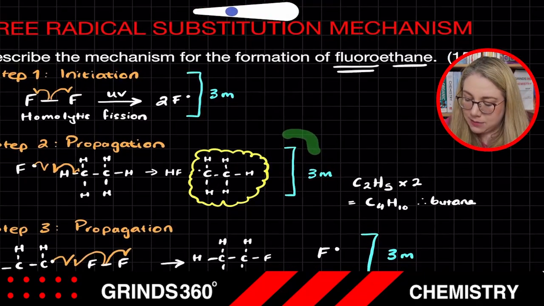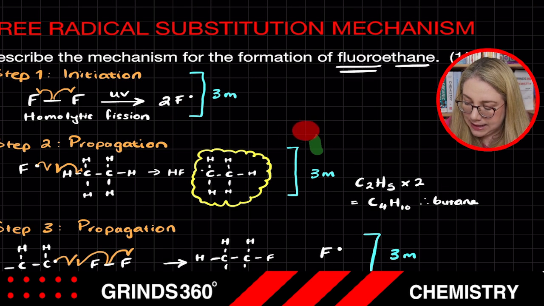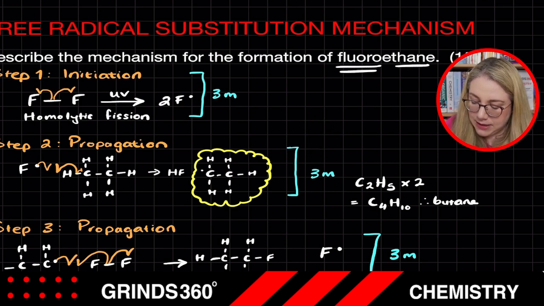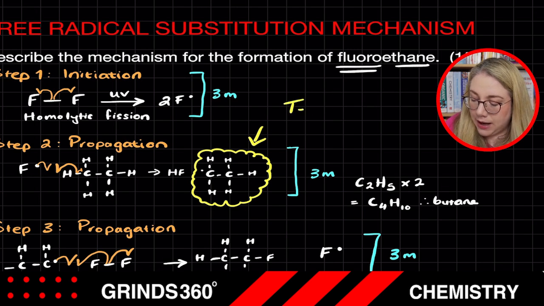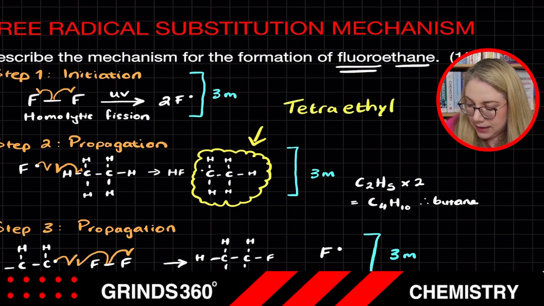So if I go back a step, if I wanted to speed up this particular reaction here, which was the mechanism for the formation of fluoroethane, I need to give it more of the ethyl free radicals. So to speed this up, I would use tetraethyl lead.